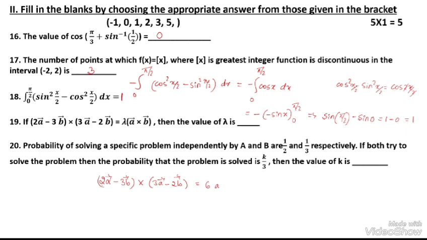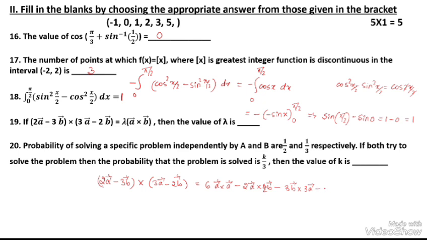6 vector a cross vector a. Minus, because plus into minus, minus 2 vector a into 2b, that is 2 into 2, 4 a cross b. Next, minus into plus becomes minus 3 vector b cross 3 into vector a.